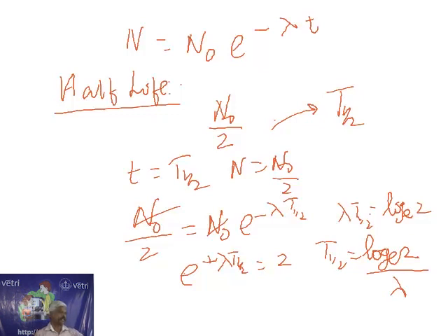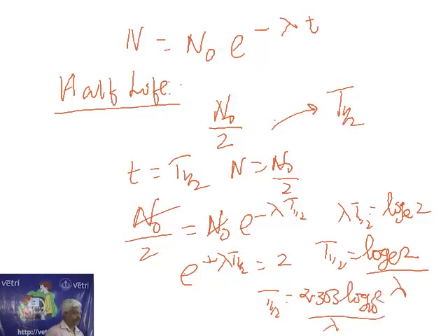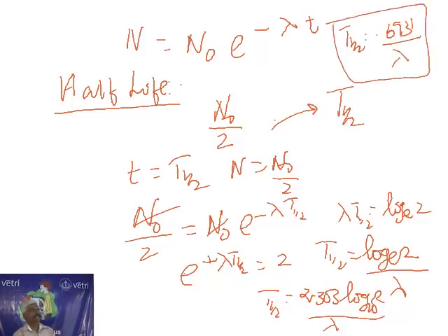Therefore, converting log to the base e into log to the base 10, it should be multiplied by 2.303, into log to the base 10 of 2 by lambda. We know log to the base 10 of 2 is 0.3010, and multiplying everything, we get T half equal to 0.6931 by lambda. So this is the formula for half-life: T half equal to 0.6931 by lambda.